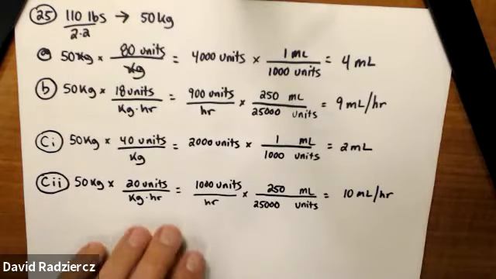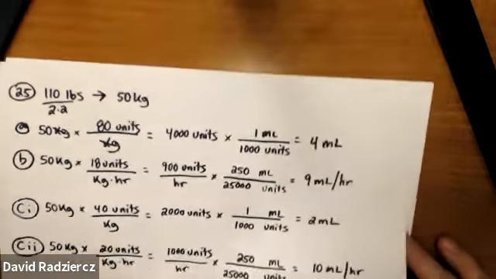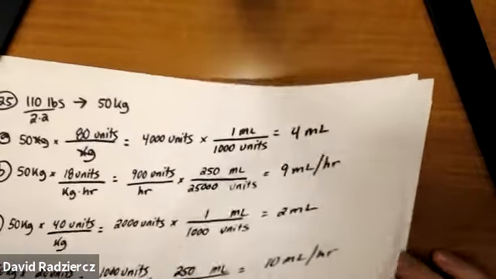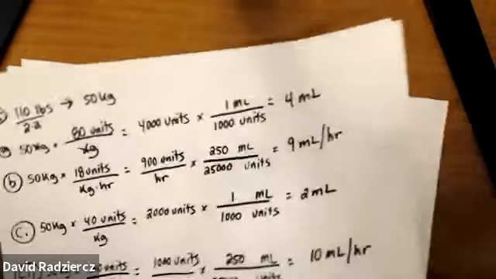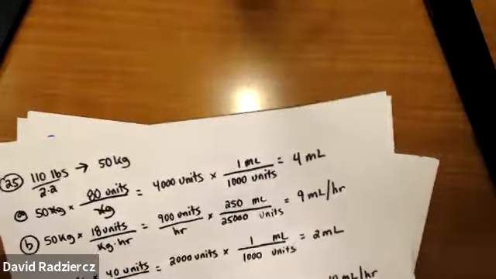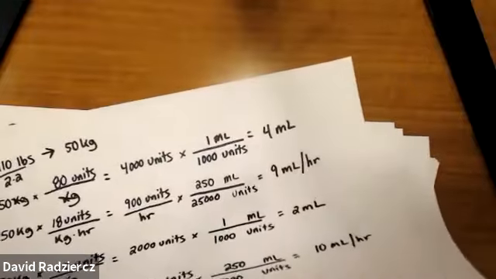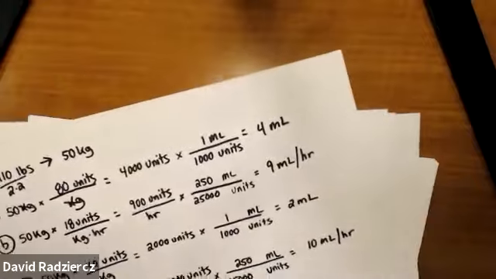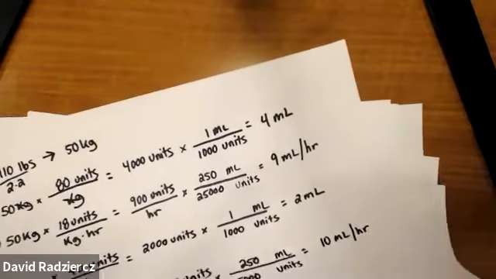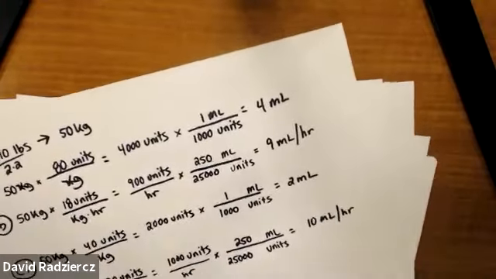Earlier today, I did a different weight for the heparin protocol. I'm going to find that and share it with you guys, so you can see what it looks like with a different patient's weight. Here we go. Let's say we had a patient who weighed 176 pounds.